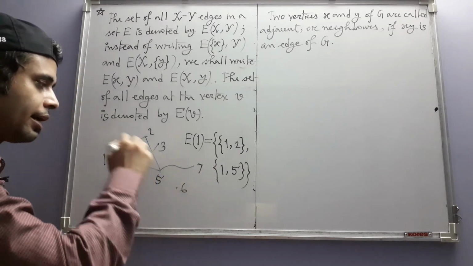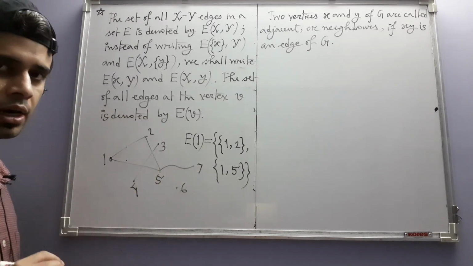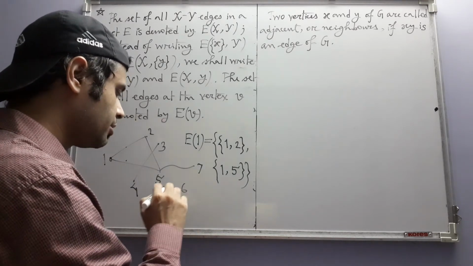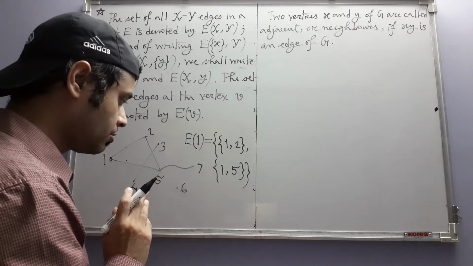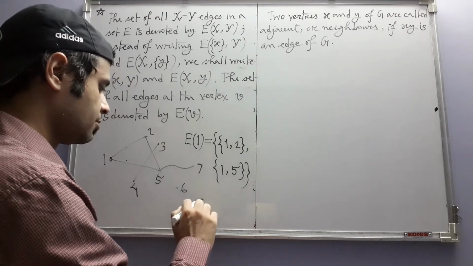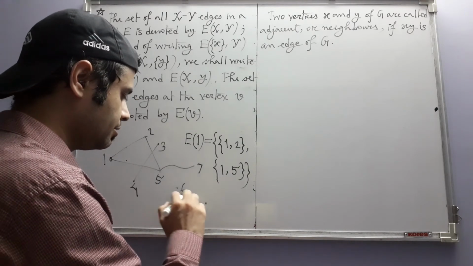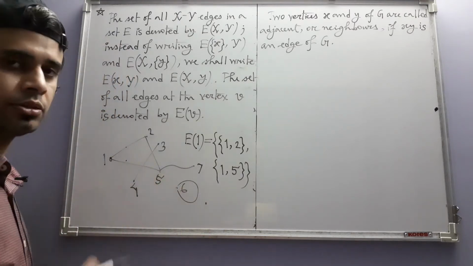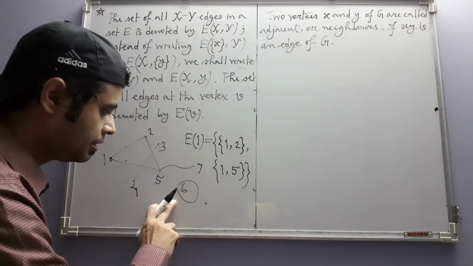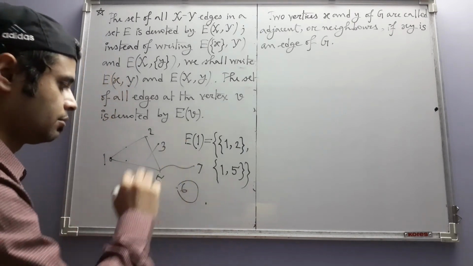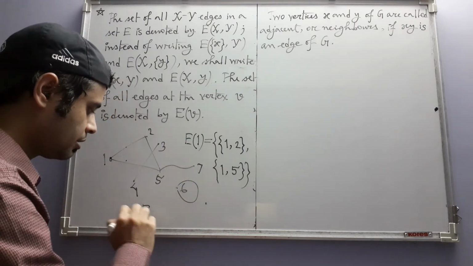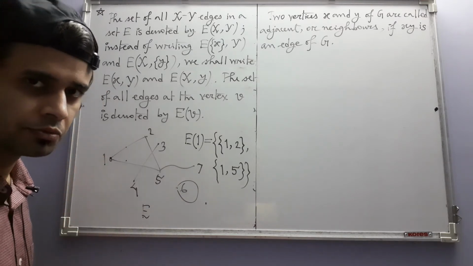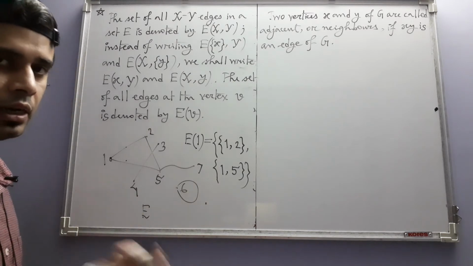6 is not adjacent to any of the other vertices. And note one more thing, that according to the definition of our graph, I forgot to tell you about this. You never see anything like this, a vertex being joined to itself, because in the definition we have required E to consist of two element subsets of V, not one element subsets.